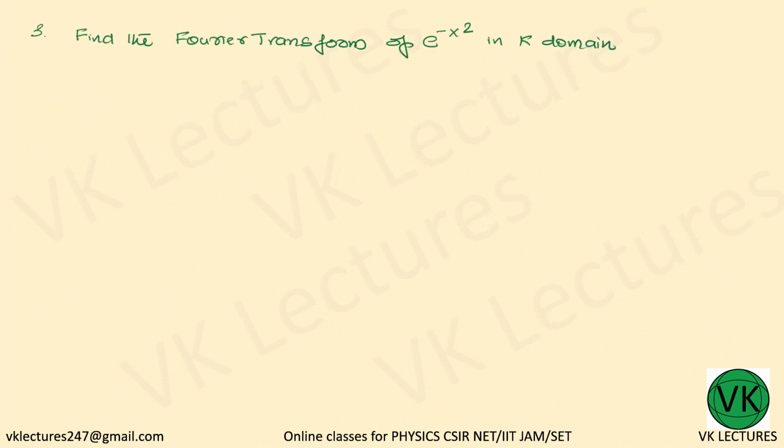Here is the question: find the Fourier transform of e to the power minus x square in the k domain. So the domain is moving from x to the k domain.